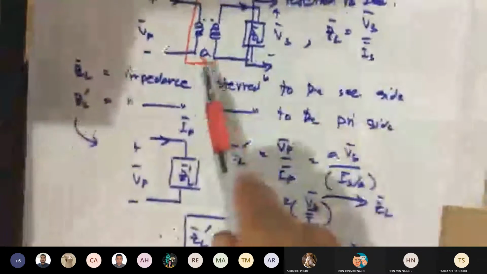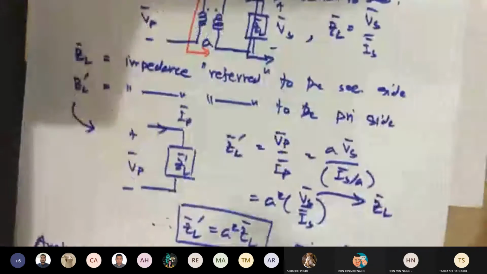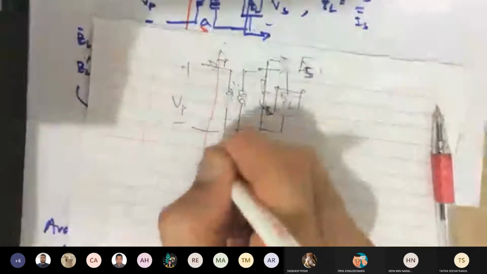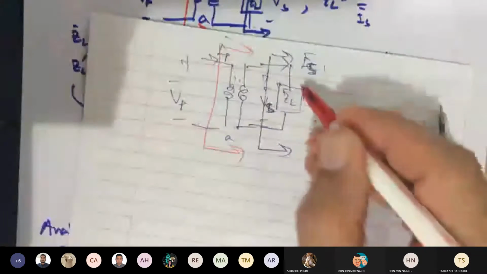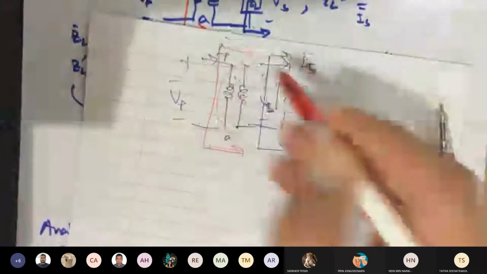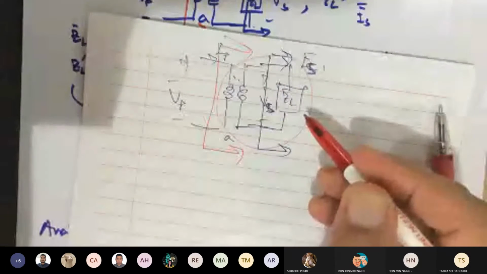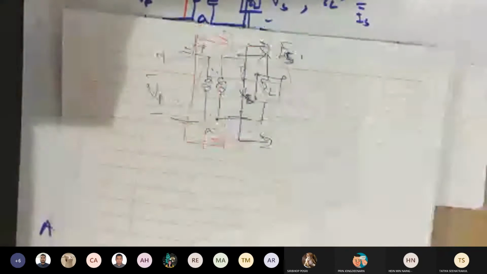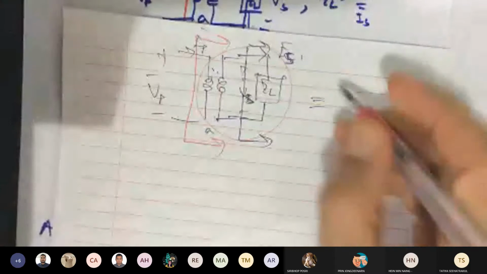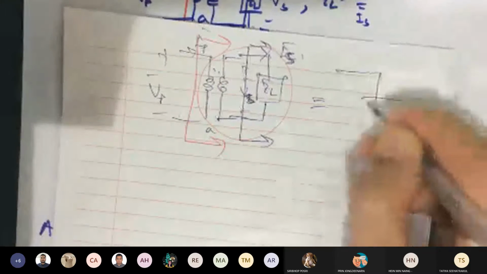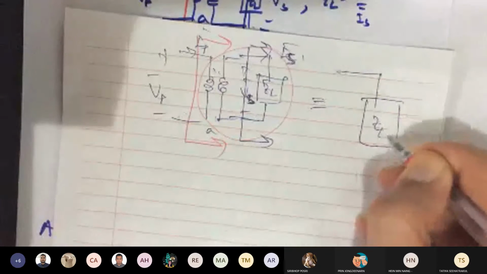Okay. Now, if I treat this whole thing on my right as a single device, my equivalent circuit is going to be like this. Some ZL prime.